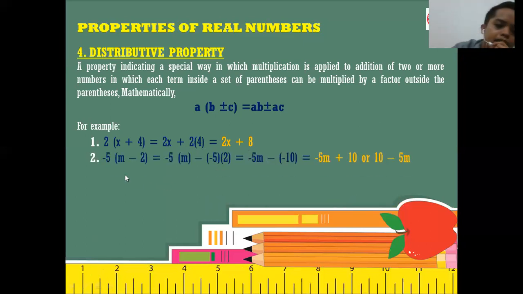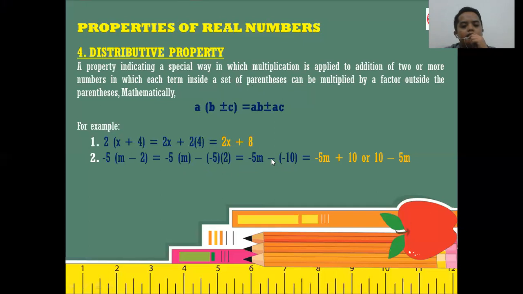Another example, negative 5 quantity of m minus 2. By the distributive property, negative 5 times m, and negative 5 times 2, but the operation this time is subtraction. Simplifying further, negative 5 times m is negative 5m. Negative 5 times 2 is negative 10.